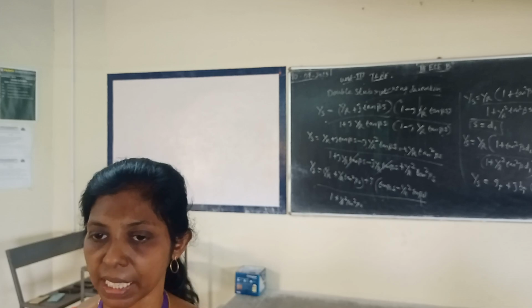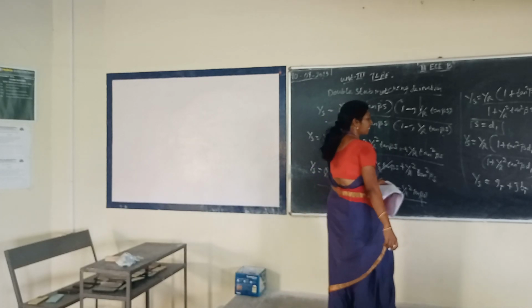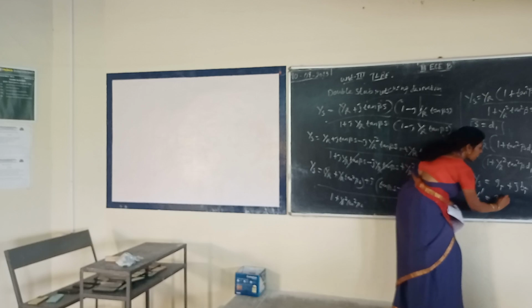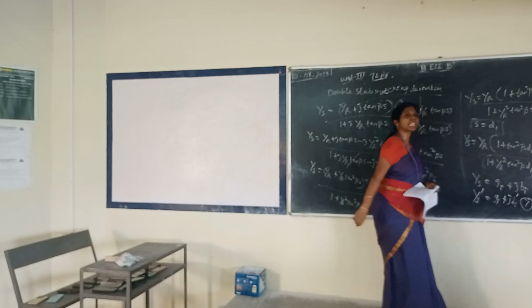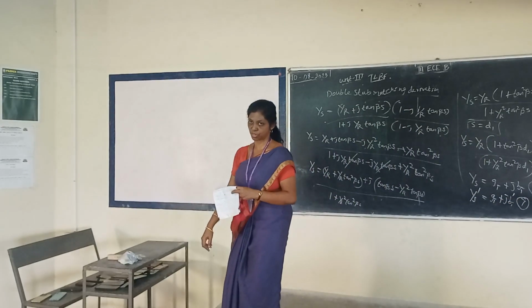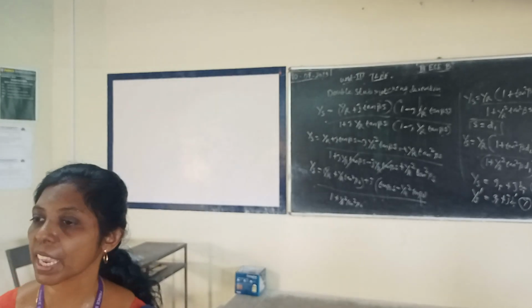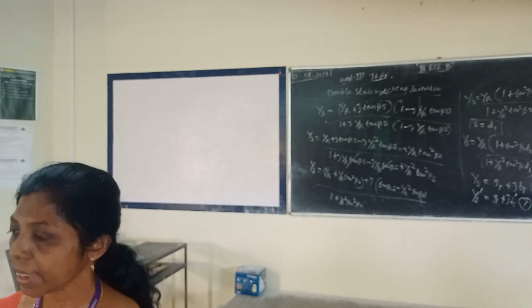The new admittance will be Y dash of S equal to Gi plus jBi dash. In the conductance part there will not be any change. So that is equation number 7.